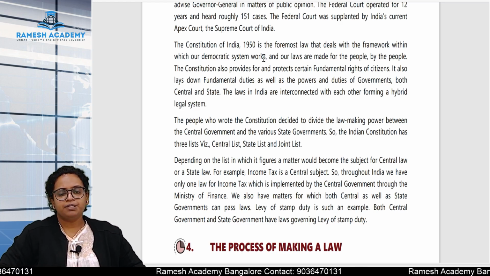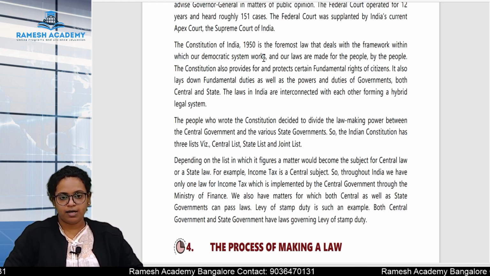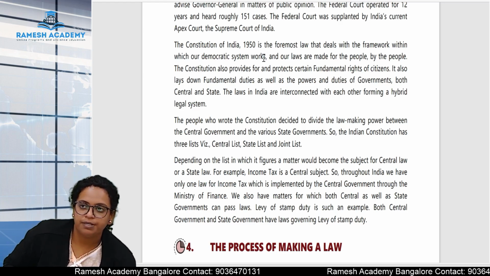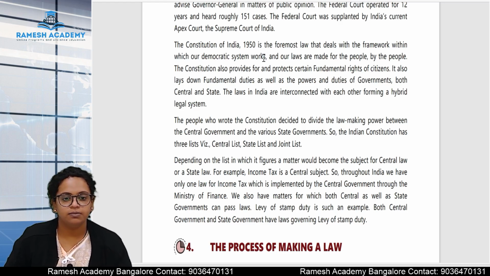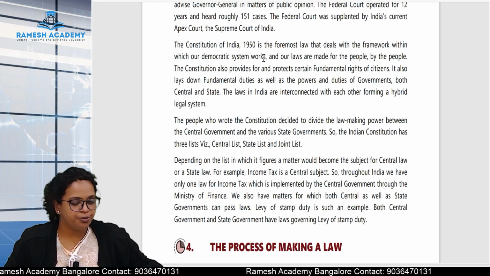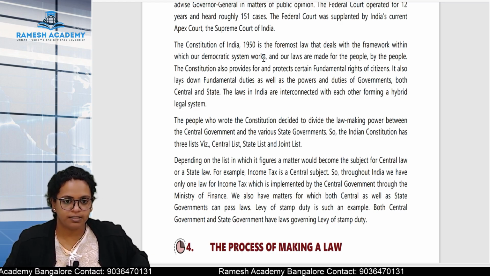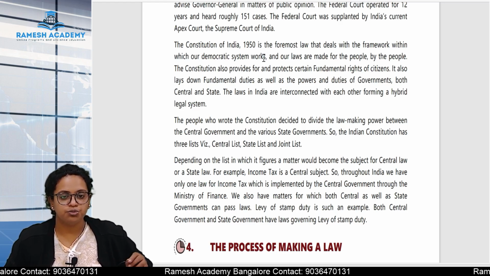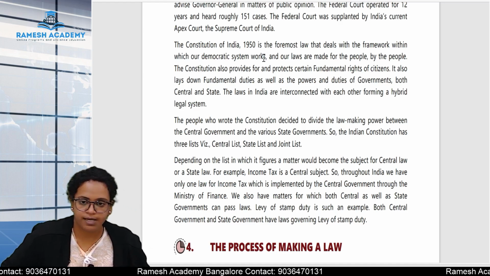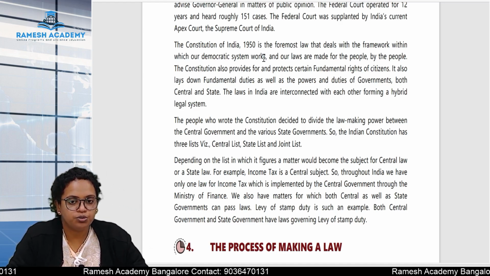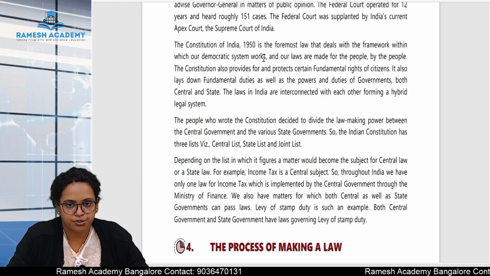Just like our companies have a memorandum and articles of association, within which the company has to operate, the company cannot go beyond the memorandum and the articles of association. Just like that, we have the constitution within which the country has to operate. The country cannot go beyond the constitution.